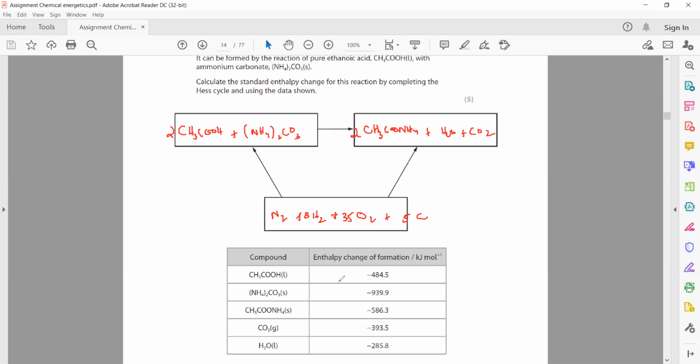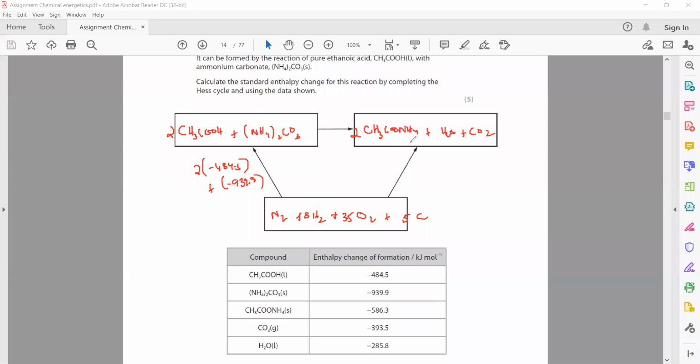Then in terms of energy, because all the formation values are given, 2 molecules of ethanoic acid are formed. So this should be 2 multiplied by minus 484.5. Then one molecule of ammonium carbonate is produced, so then it should be plus, because the overall energy of this will be minus 939.9.